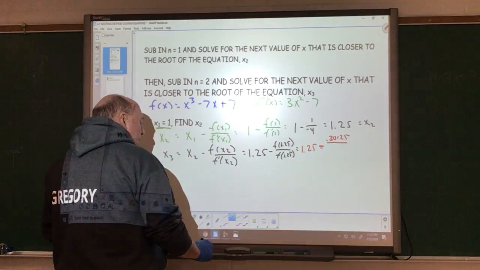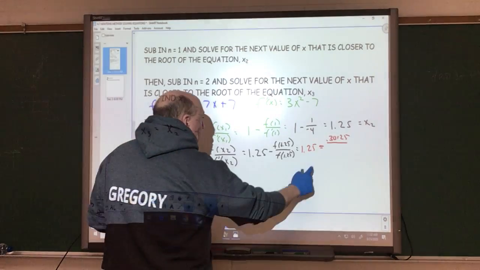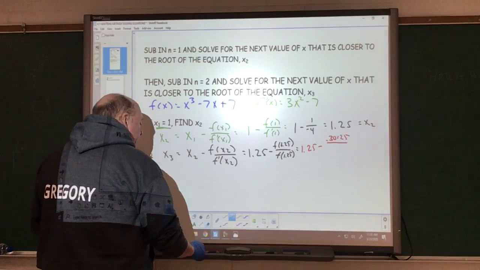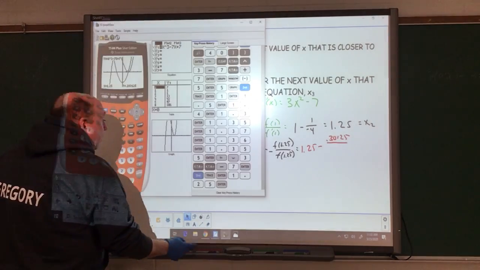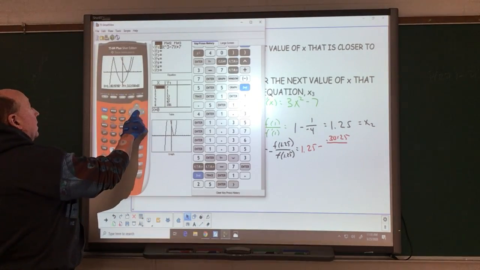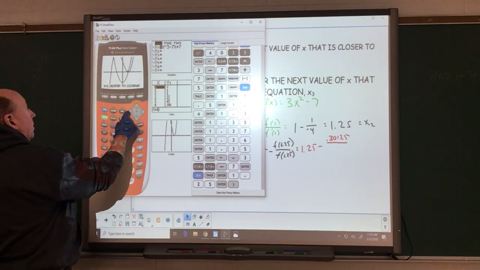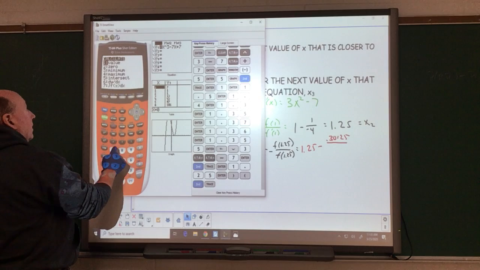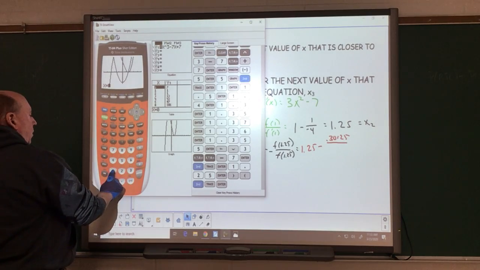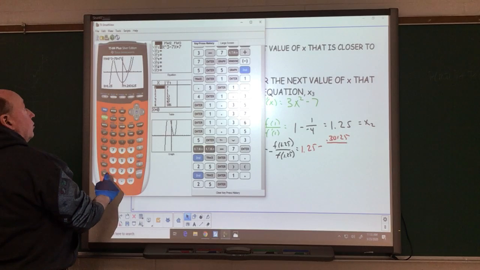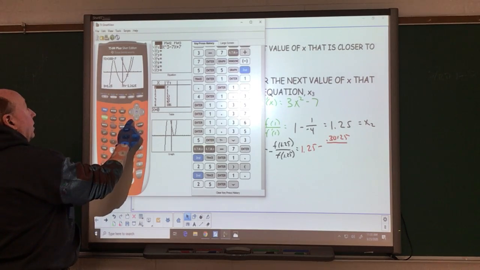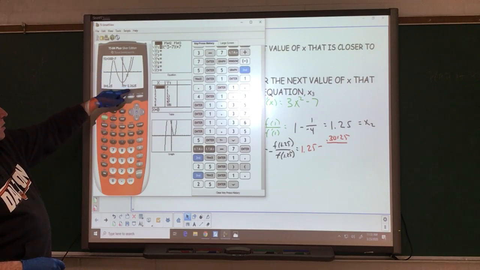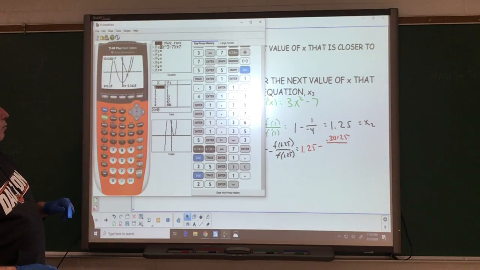That's going to be on top. Then on my calculator, if I hit my right arrow, value 1.25 gives me my first one. Hit my down arrow, it takes me to my second function. So I have negative 2.3125.